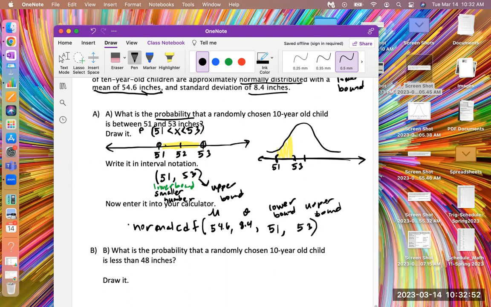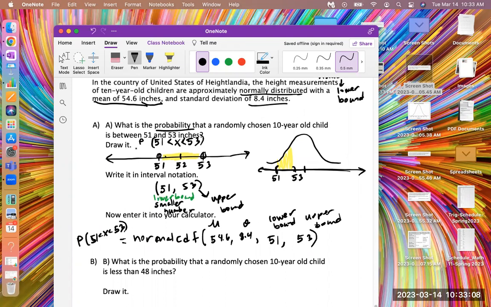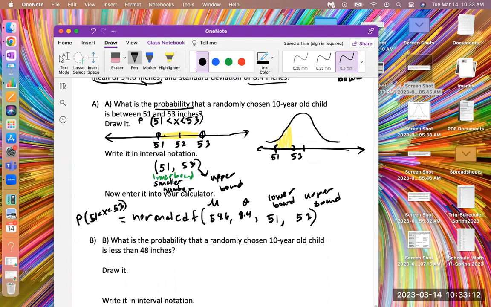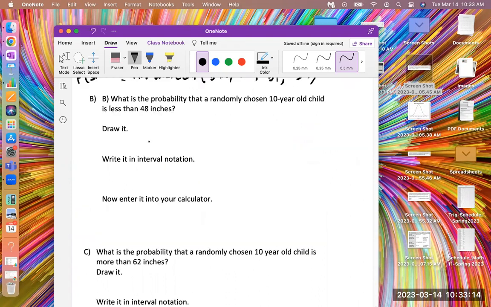Okay. And that would be the probability P of X being between 51 and 53. That's the probability that a randomly selected child is between 51 and 53 inches. Okay. All right. Now let's do the second one.